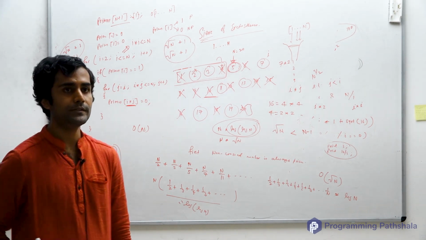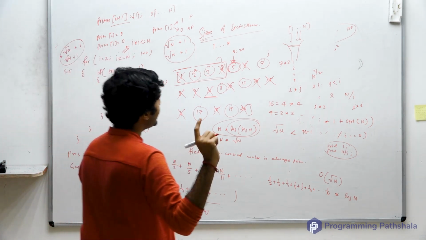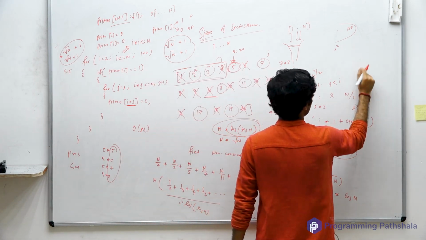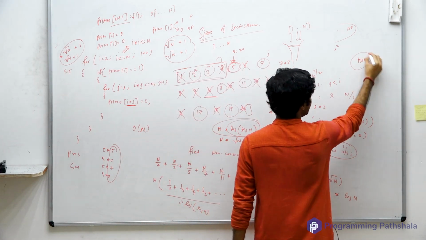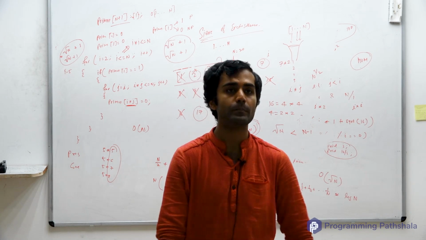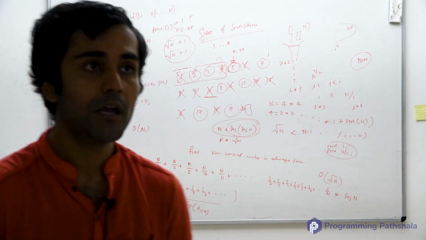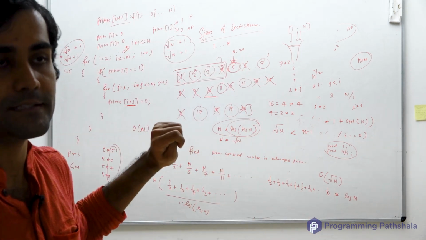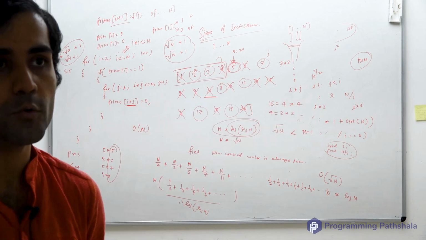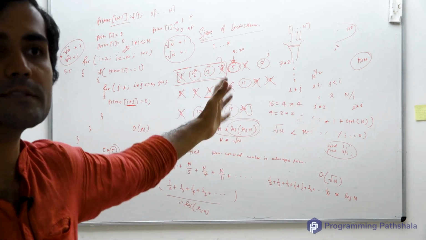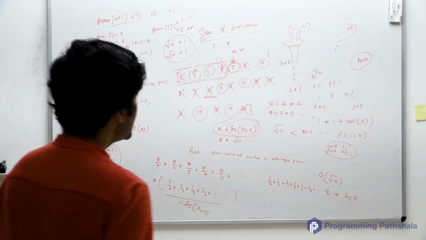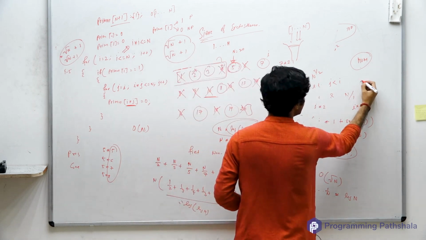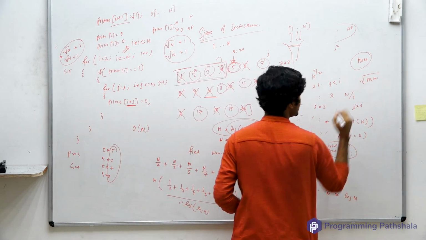So answer me one question. If I tell you that, hey, I'll just give you one number, n, and I'll ask you to check if this number num is prime or not, will you use sieve of Eratosthenes for this, or will you use the square root n based approach for this? You will use the square root n based approach, because it will take just this much of time.